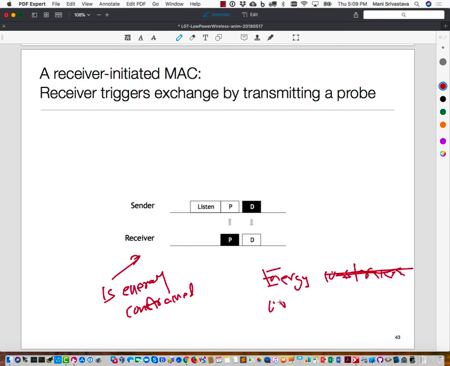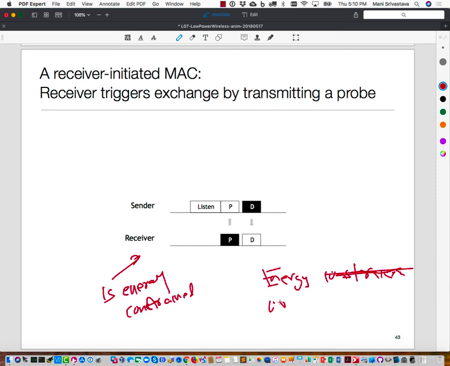So in the short range regime, you can make a reasonable argument that the receiver should be the one deciding when to transmit, and should ask the transmitter to do it, so that we avoid this.